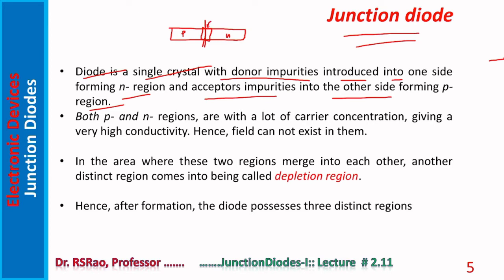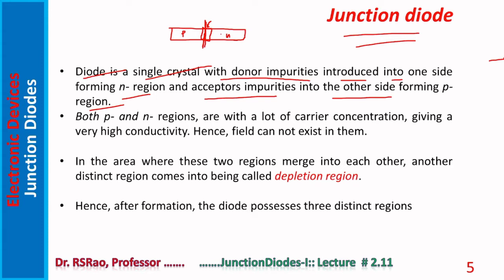How and why it comes into being is not difficult to understand. On the left side of the interface is the P region, on the right side the N region. So on the left side there are plenty of holes, on the right side plenty of electrons. Holes are positively charged, electrons are negatively charged, both are mobile, and attraction is there due to Coulomb's force.